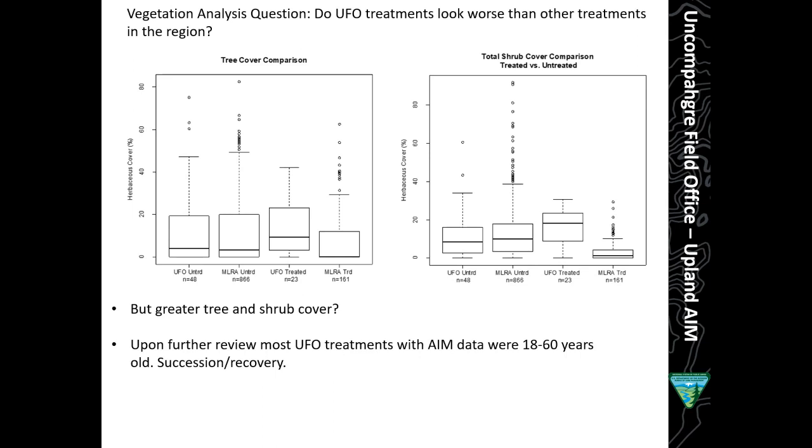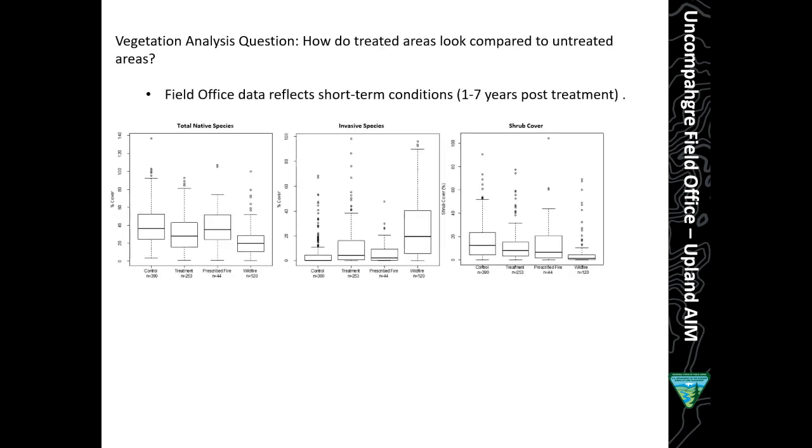And so we then moved on to our next question, which was, how do treated areas look compared to untreated areas? So we looked at using our local field office data, which reflects short-term treatment conditions of 1 to 7 years post-treatment.